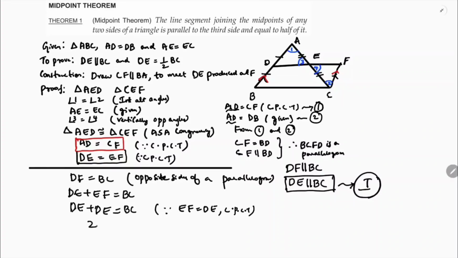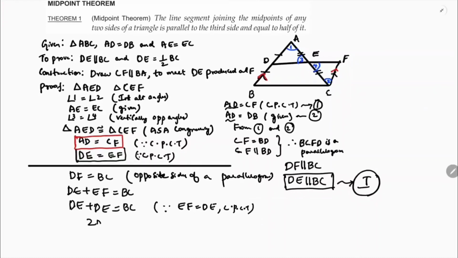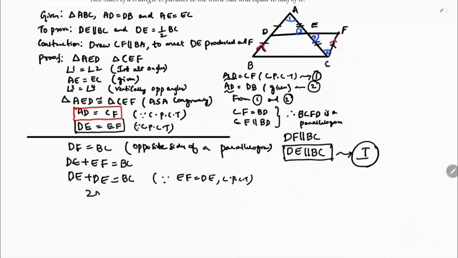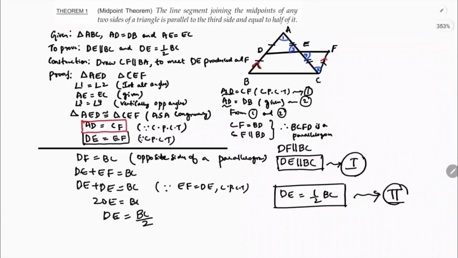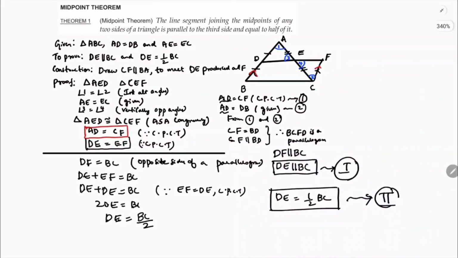So 2 times DE equals BC. So DE equals BC by 2. So DE is half of BC. This is the second proof. So DE is parallel to BC and DE is half of BC. This is the midpoint theorem.